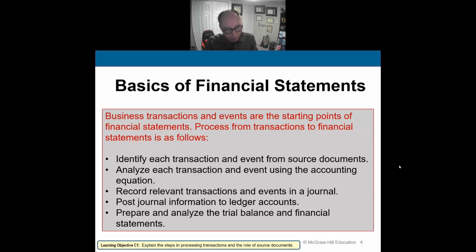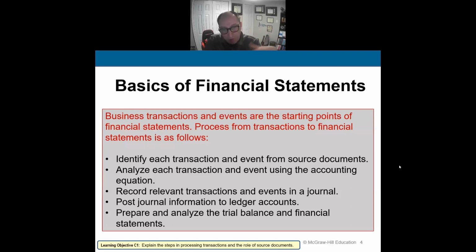That's what a journal is. And we write that journal information to our ledger accounts. A ledger account is each account, each asset account, each liability account, each equity account is considered to have its own journal, its own ledger. Okay. And so each transaction is recorded as a journal to the respective accounts, right? The ledger accounts.